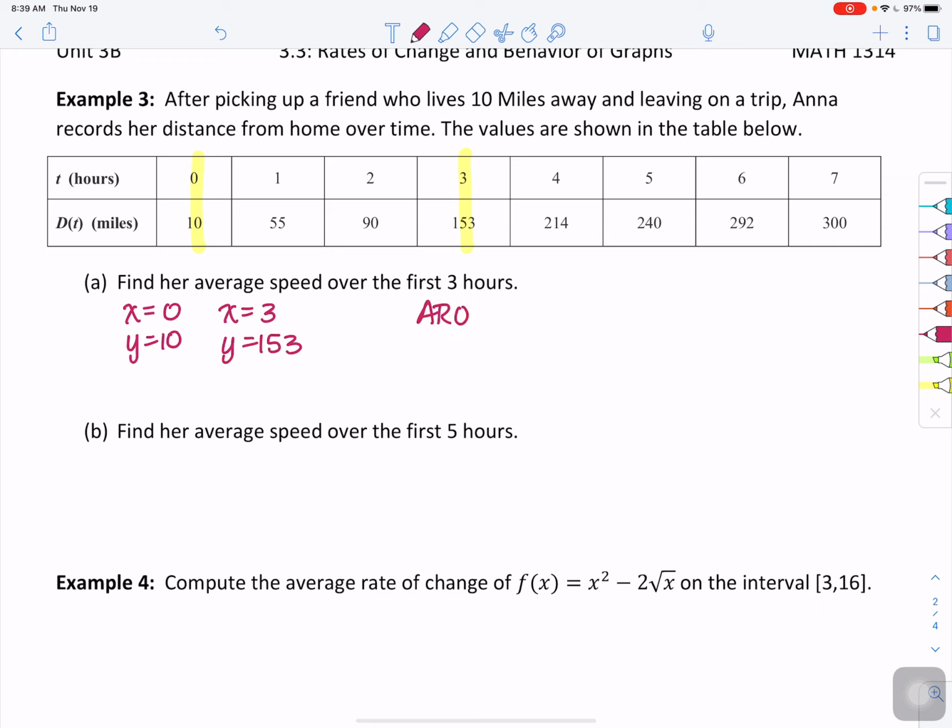So the average rate of change are those y values subtracted divided by the x values subtracted. So we end up with 143 divided by 3. So we can see if we can simplify that.